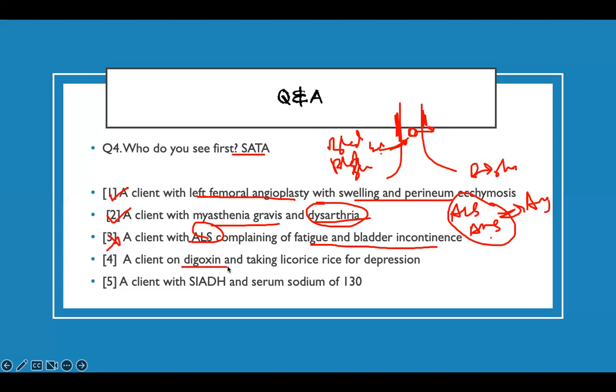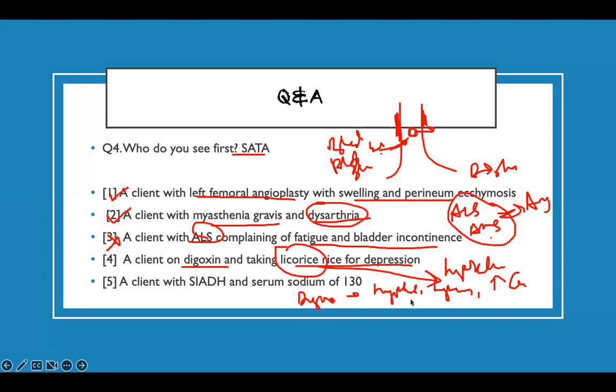A client on digoxin taking Lasix for depression, bad, bad. This causes hypokalemia. What are the problems with digoxin? Things you need to avoid are hypokalemia, hypomagnesemia, and high calcium.